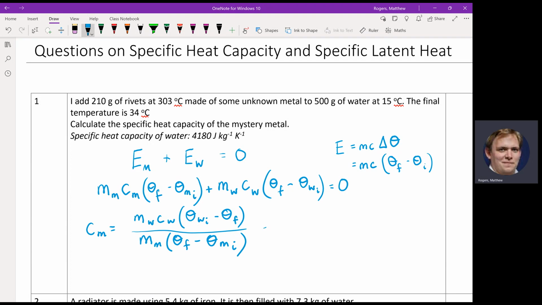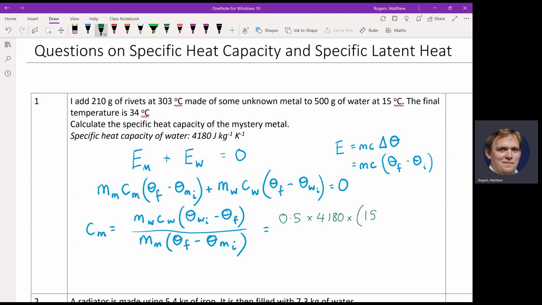Slightly messy to rearrange, but hopefully if I've given them all sensible names, I'll be able to put in the values quite quickly. So the mass of the water is 500 grams, so I'm going to write it as 0.5 kilograms. The specific heat capacity of the water is 4,180. Then the initial temperature of the water was 15 degrees Celsius. We're fine working in degrees Celsius because we're doing the changes in temperature, so we don't need to worry about that.